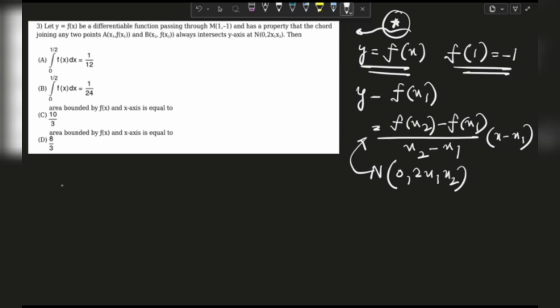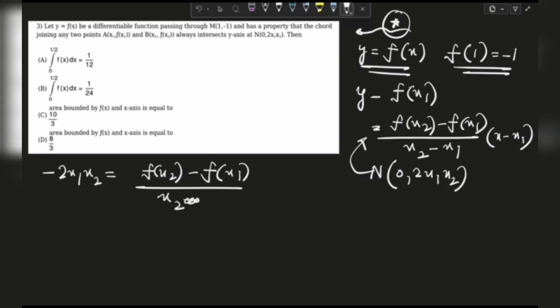So let's put that. We will basically have minus 2x1x2 equals f of x2 minus f of x1 by x2 minus x1 times, and we can also put f of x1 as 2x1x2 here.